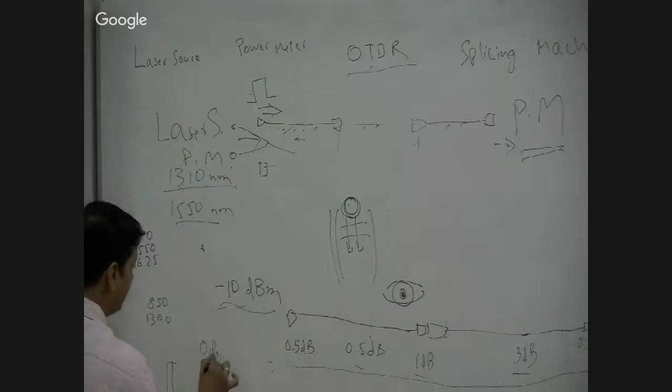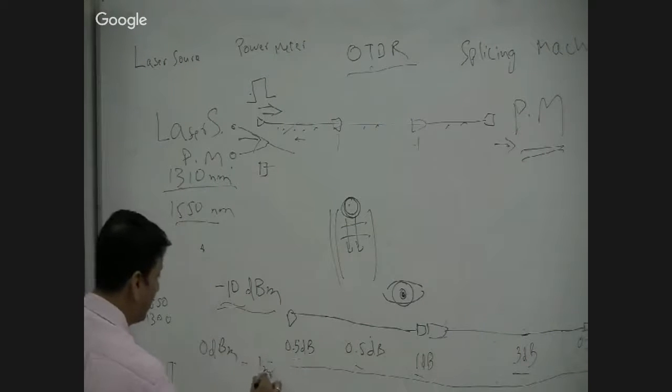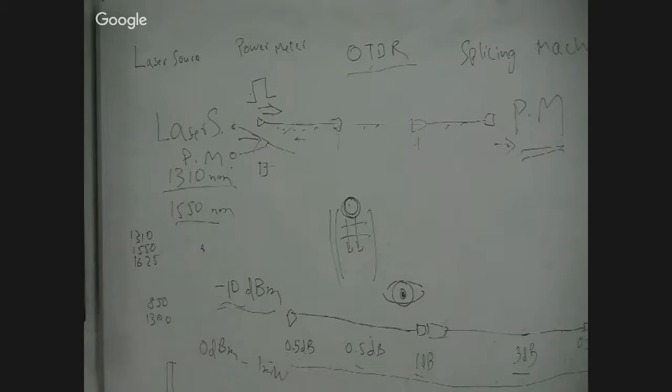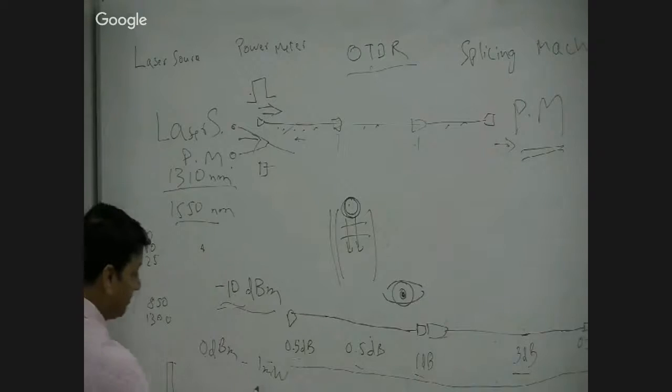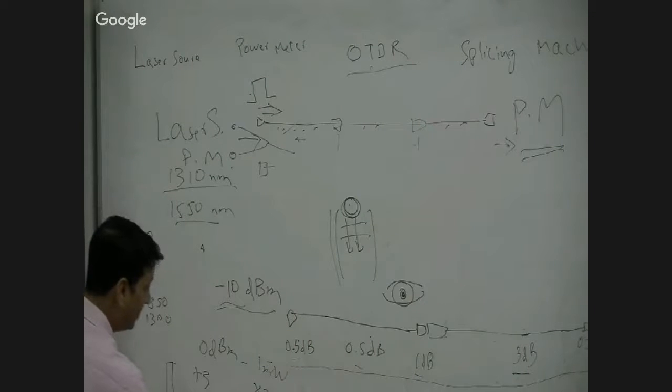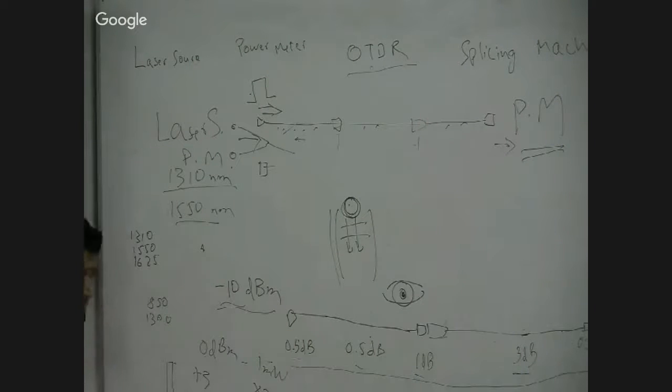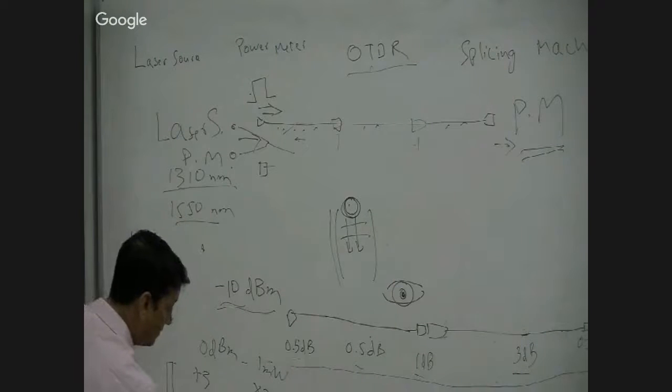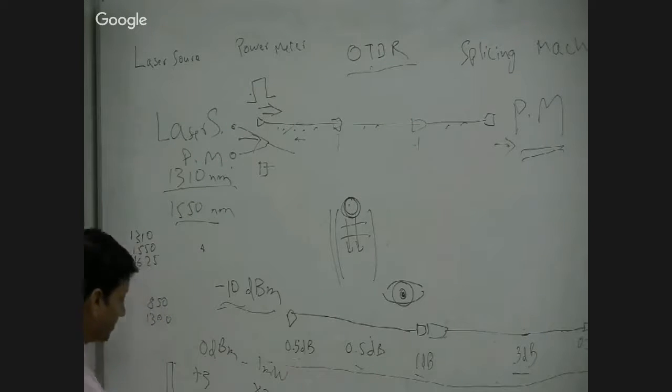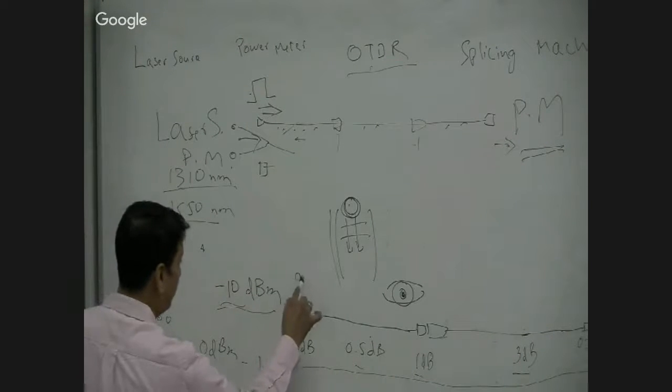When you have a 0 dBm source, it gives you 1 milliwatt. The basic rules are: if you multiply by 2, you add 3. If you divide by 2, halve it, you subtract 3. If you multiply by 10, you add 10. If you divide by 10, you subtract 10. So from 0 dBm to minus 10 dBm is dividing by 10. So 1 milliwatt divided by 10 is 0.1 milliwatt.